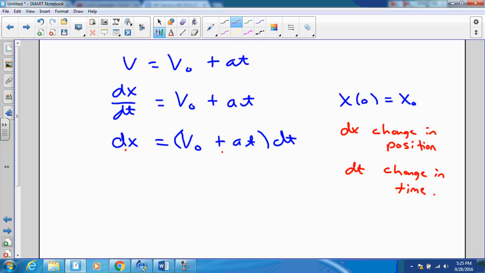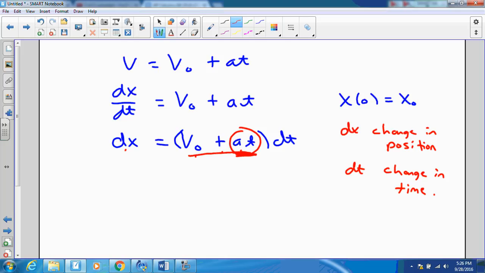And what's interesting about this, in contrast to the previous, is that my dx now is not going to be a constant times dt, but instead will be equal to (v0 plus at) times dt. In other words, as time goes on, the amount of position change that I get will itself be changing because of the term at right here.